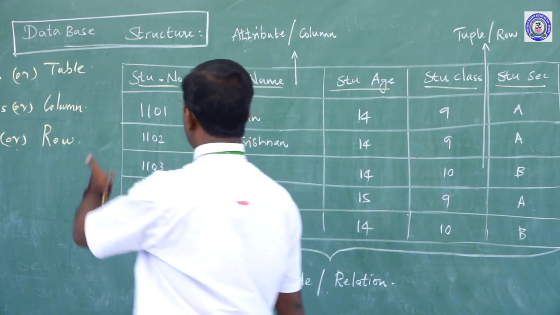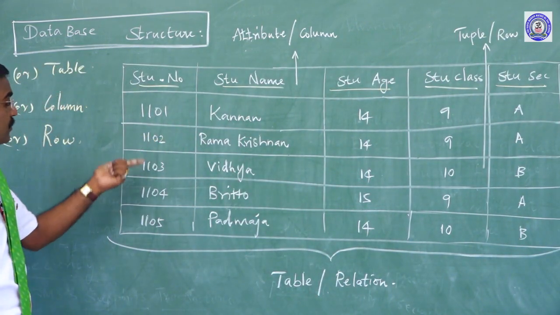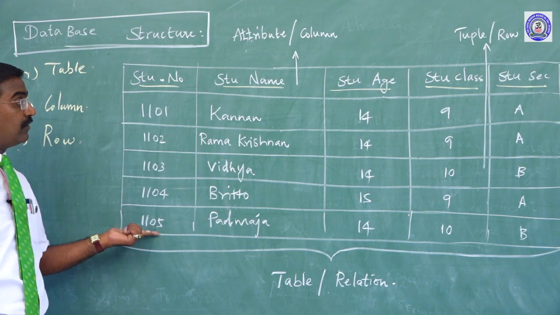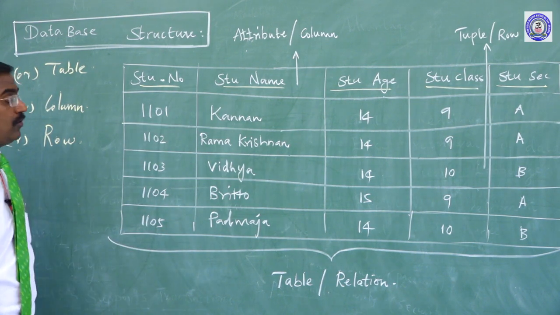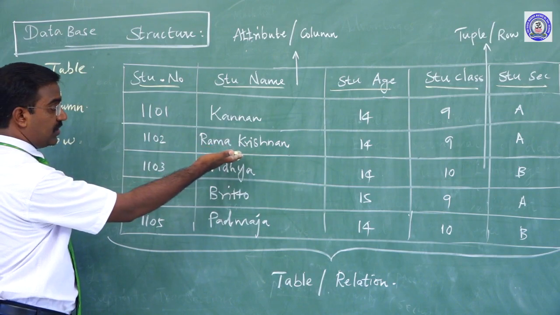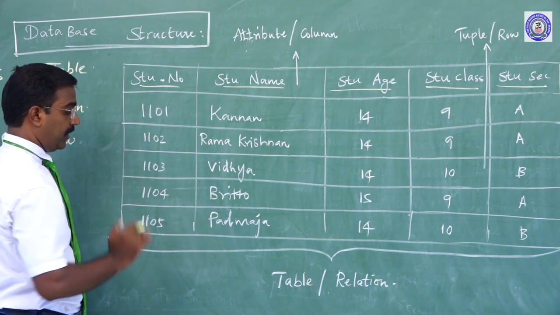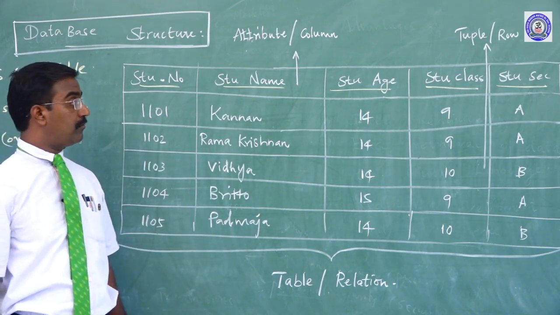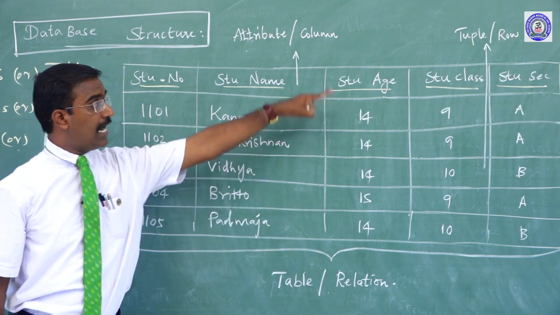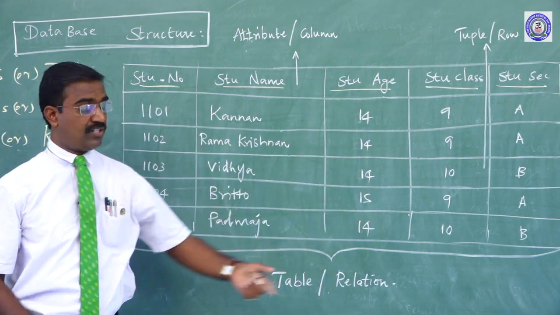Here we know the student numbers 1101, 1102, 1103, 1104, 1105. Here the student names we know: Kannan, Ramakrishnan, Vidya, Brito, and Padmaja. Then there are student age, student class, and sections.